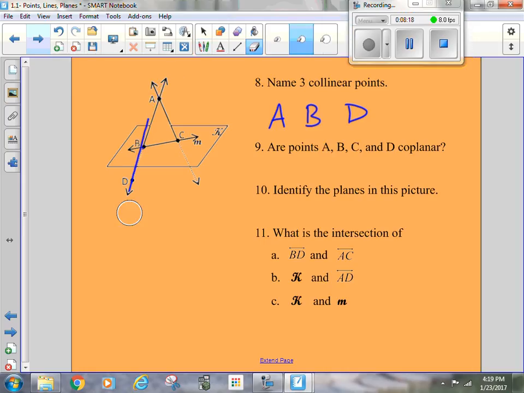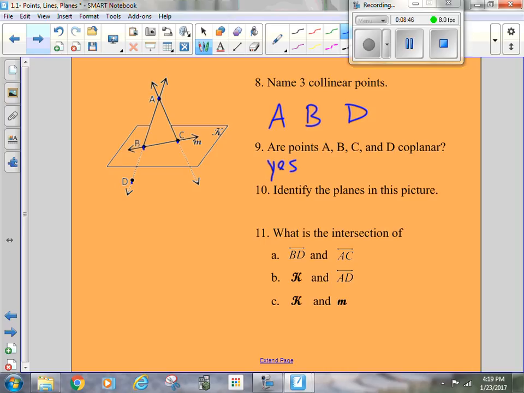So now we're going to ask, are points A, B, C, and D coplanar? So do they all lie on the same plane? So we have A, B, C, and D. And it's a little tricky, but yes, they do all lie on the same plane.